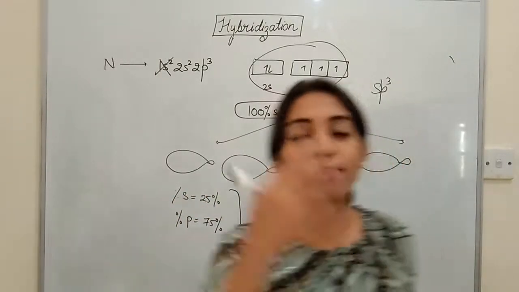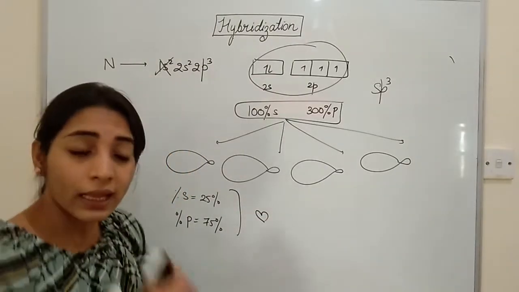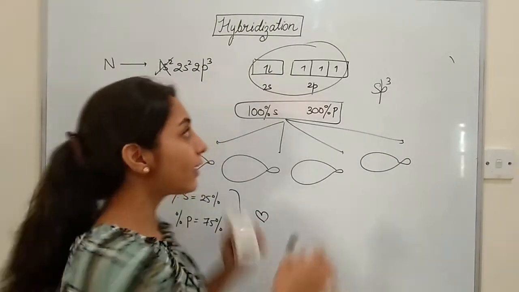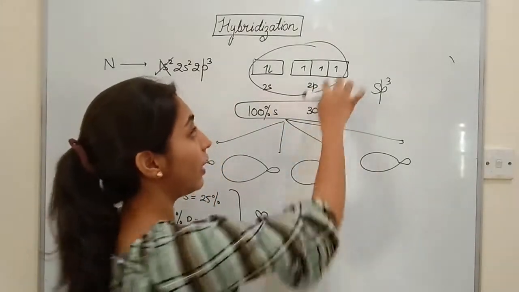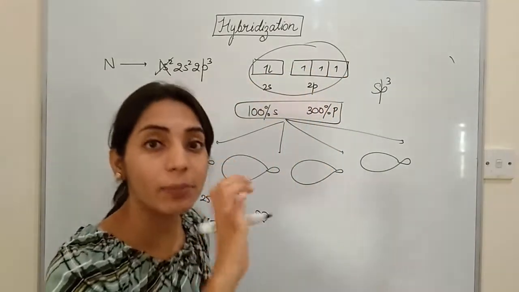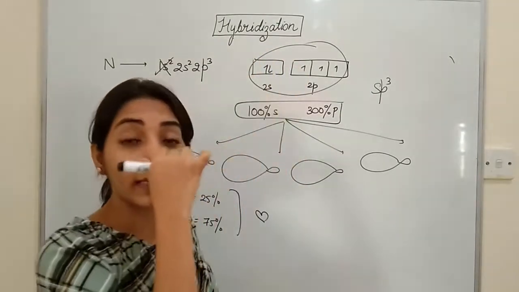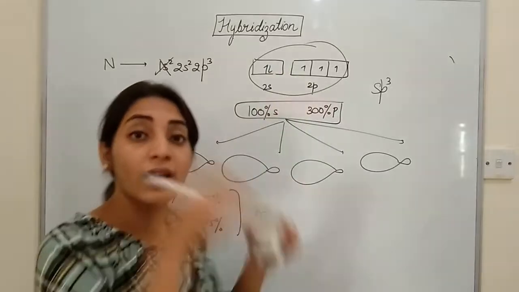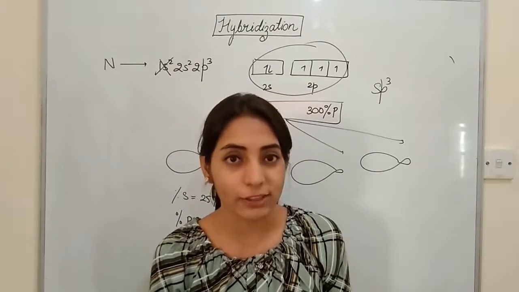Now the second fact we are trying to understand from this example is that it is not necessary that the atomic orbitals which undergo hybridization have to have unpaired electrons. No. Even if we have a fully paired electron in the atomic orbital, that is equally eligible for undergoing hybridization.